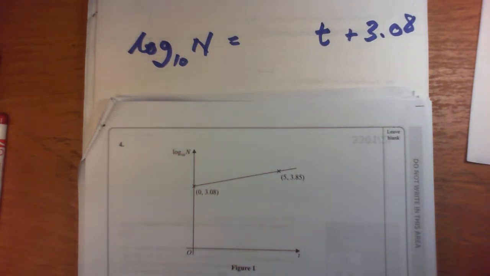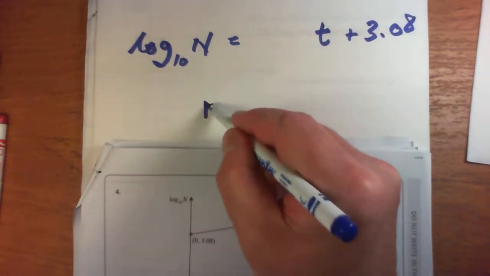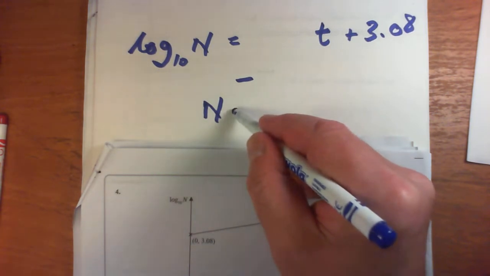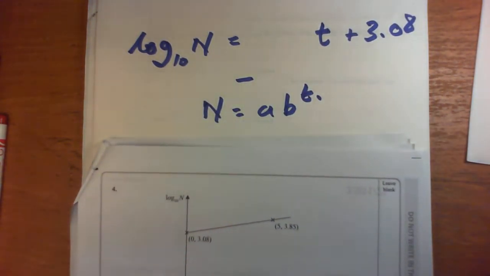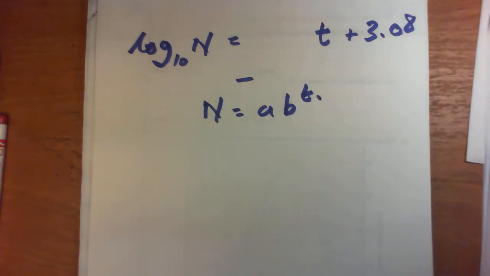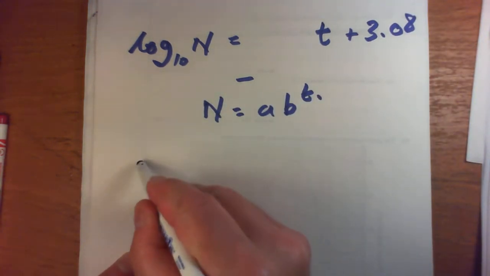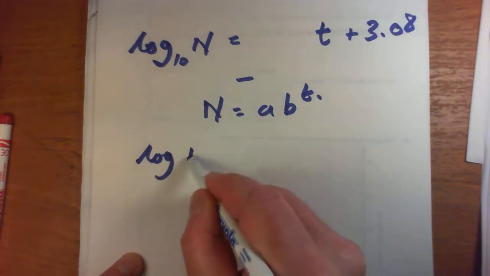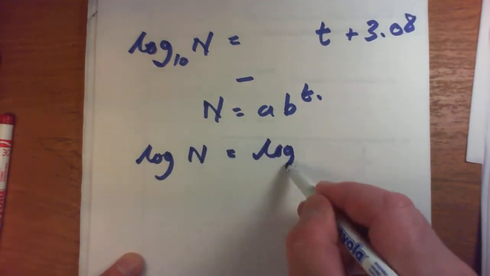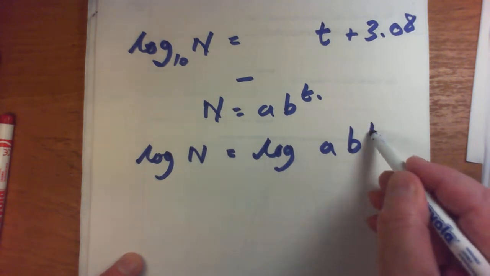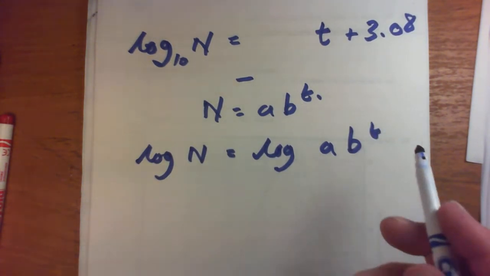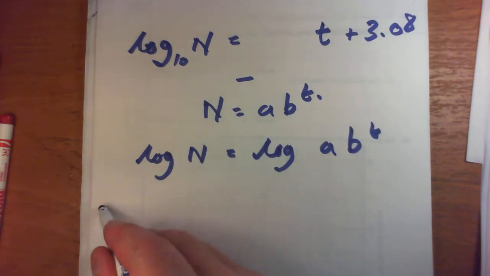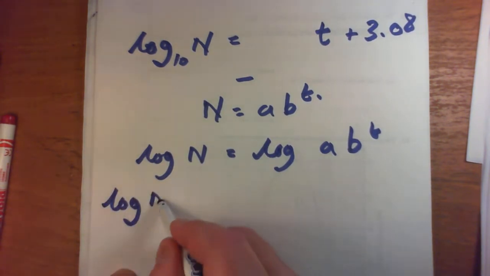So it then asks you to go back to the original equation that you're given, a b to the power t, and it asks you to work out what a and b are. So the procedure is just to say, okay, take logs of both sides. That's log a b to the power t. Again, you don't take the t down here, because that t is just on the b, it's not on the whole thing. So that's one error some people fell into.